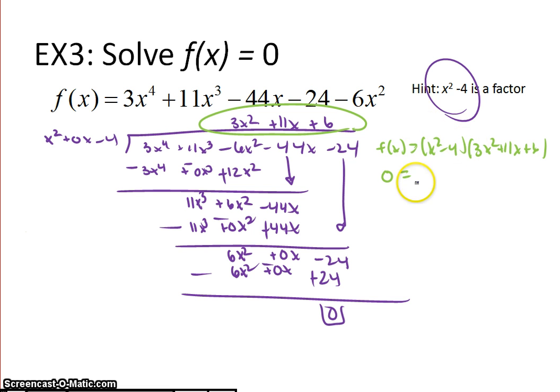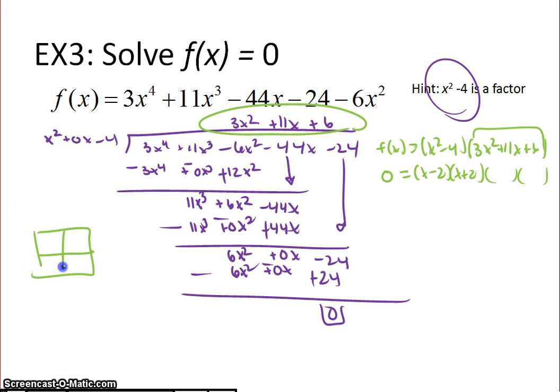So I need to factor this, which is x minus 2, x plus 2. And then I need to factor this last part, this quadratic. You can factor it using the quadratic method or the box method. If I set it up the box method, I need two numbers that add to be 11, and two numbers that multiply to be 3 times 6, which is 18, and those are 9 and 2.